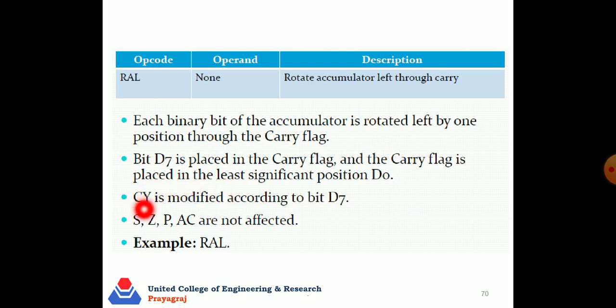The carry flag is modified according to bit D7, and the sign flag, zero flag, parity flag and auxiliary carry are not affected.